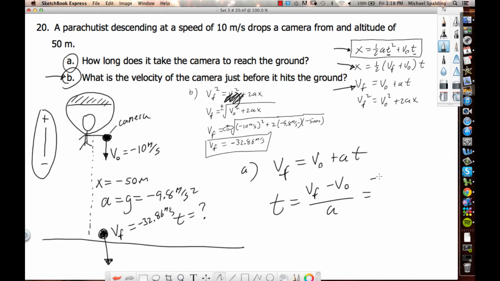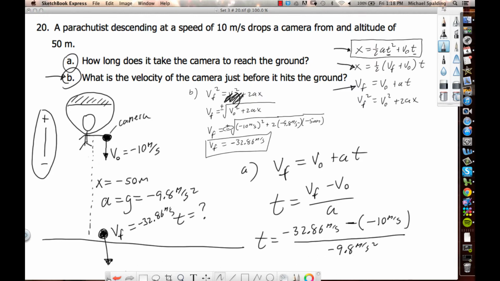So v final is negative 32.86 meters per second, minus, now watch, here's where it gets a little tricky, minus, now what was v initial? Negative 10. So look, what happens to these minuses? They cancel to become plus. And then a is negative 9.8.